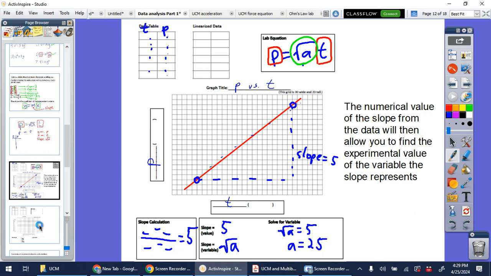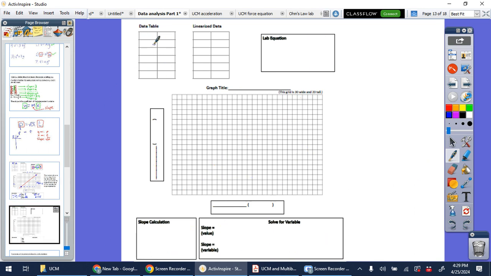So let me give another example. Once again, pretend it's the same P and T, but let's just say the equation was a different equation. Say the equation was this: T over V, okay? This one can be a little bit confusing.